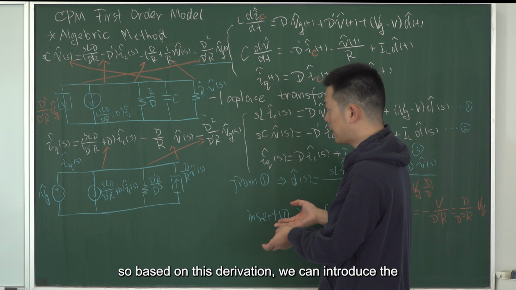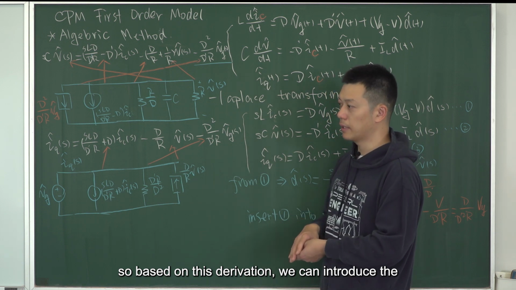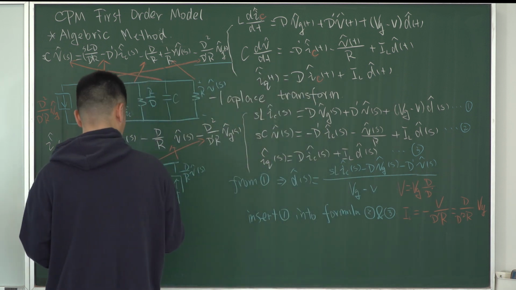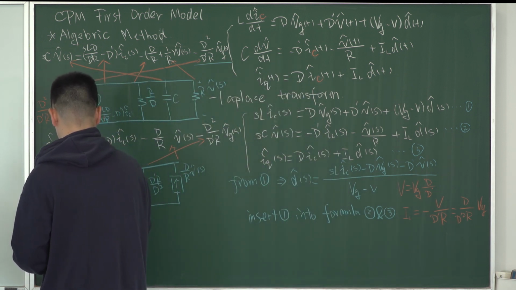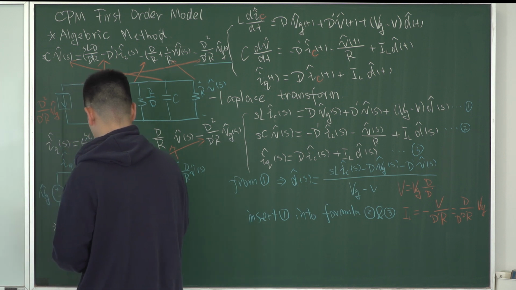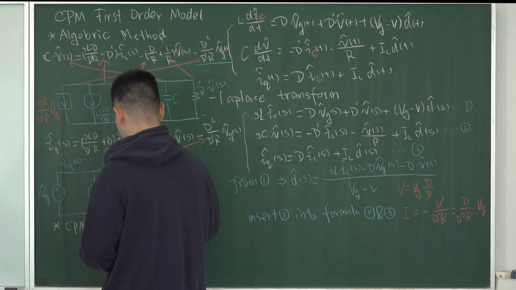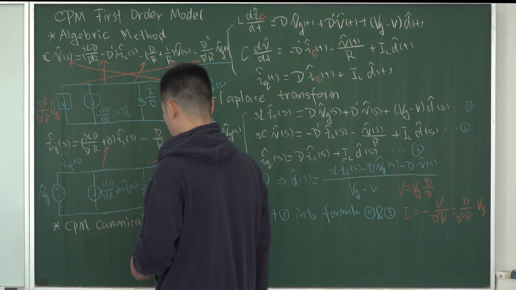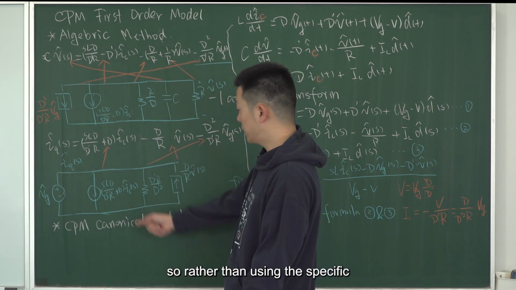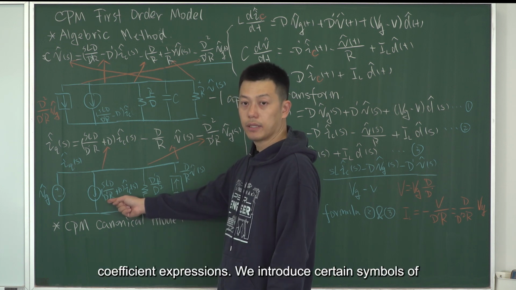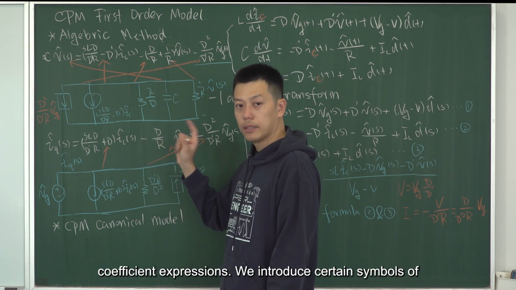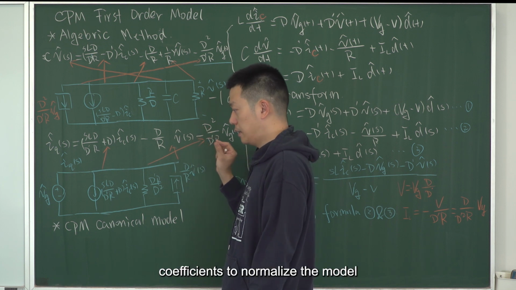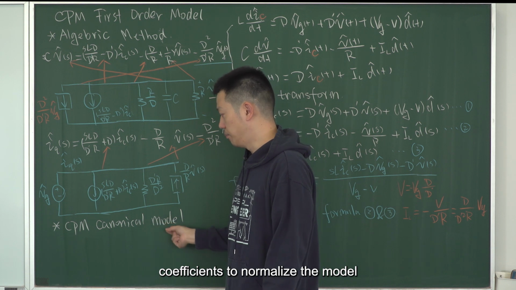So based on this derivation, we can introduce the canonical circuit model for CPM. So rather than using the specific coefficient expressions, we introduce certain symbols of coefficients to normalize the model.